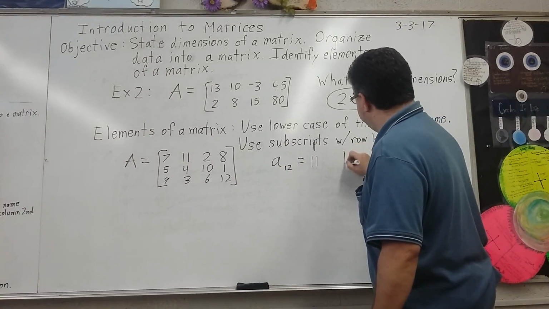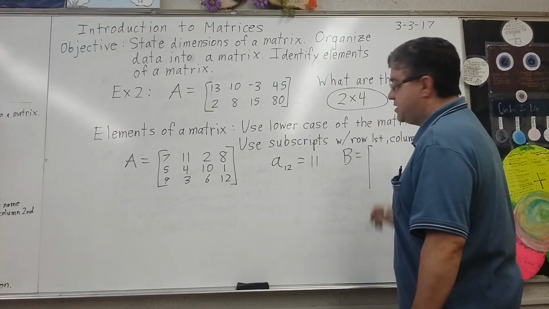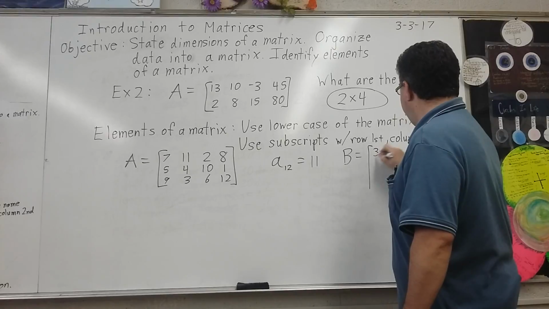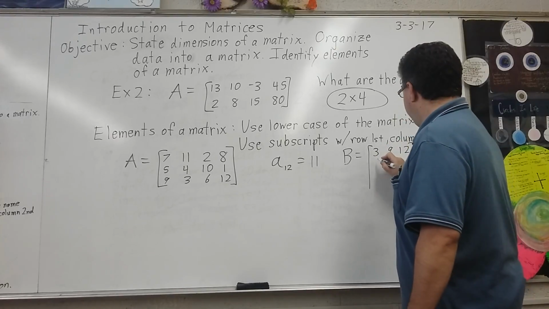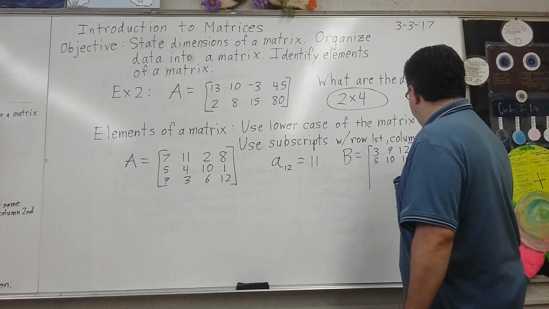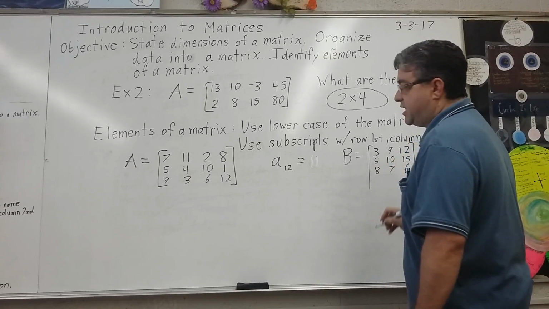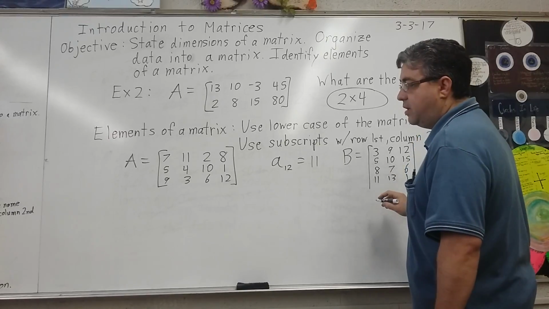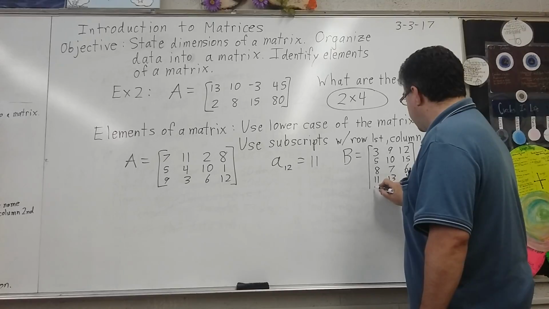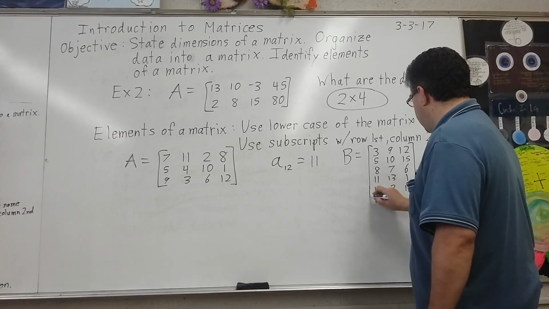Okay. Let's have matrix B then. And matrix B will have different dimensions. It'll be 3, 9, 12, and 5, 10, 15, and 8, 7, 6, and 11, 13, 1, and 14, 2, 14.